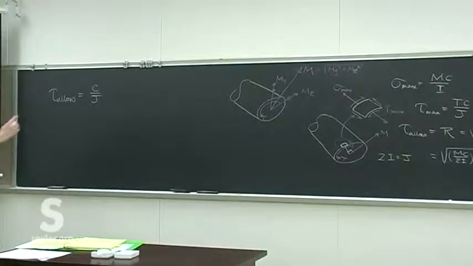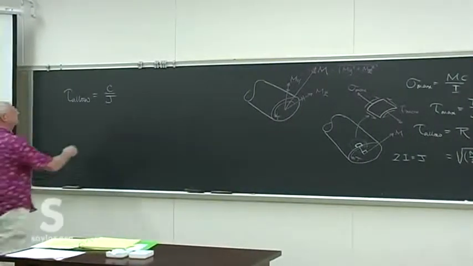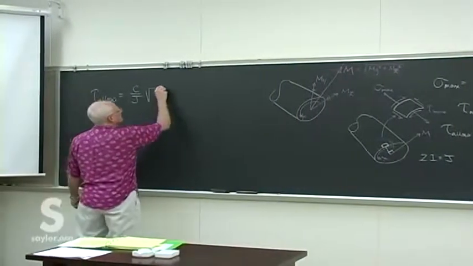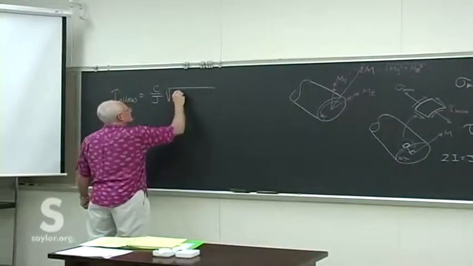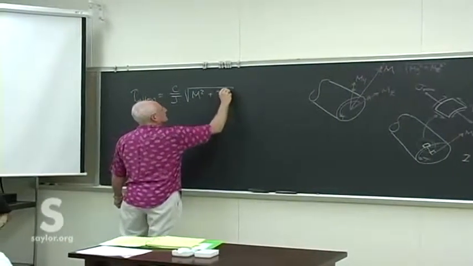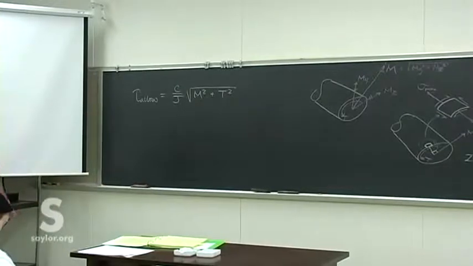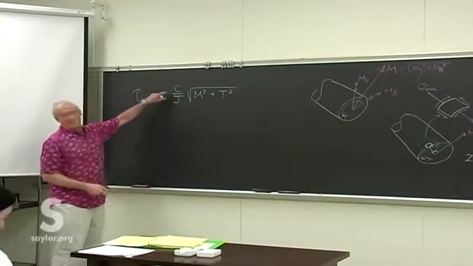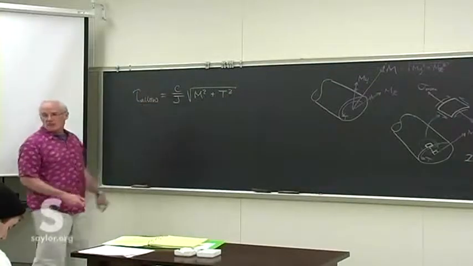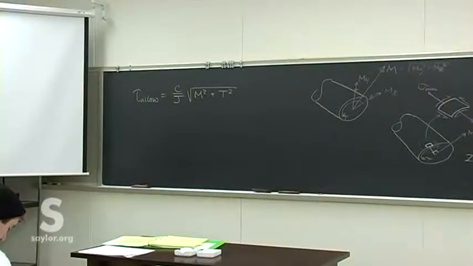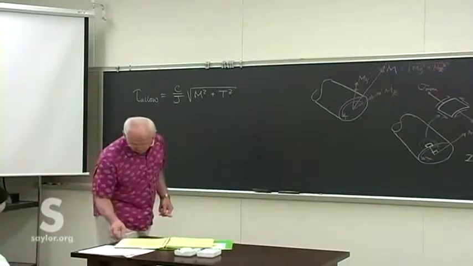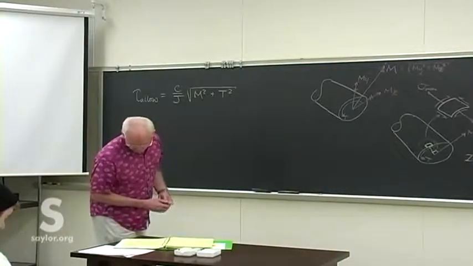So we can just put J right in there over MC. And this then becomes M squared plus T squared. And that C over J is geometry only, cross-sectional geometry only. Very much like what we called the section modulus on Friday when we were doing the beam design. Why they don't call that it here, I don't know. They don't.